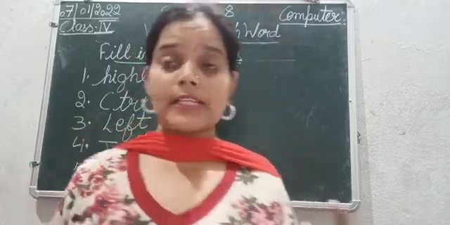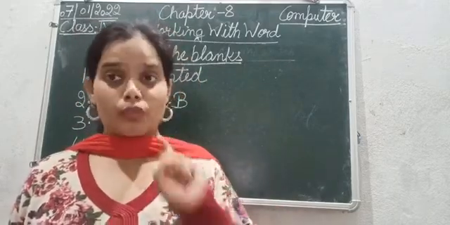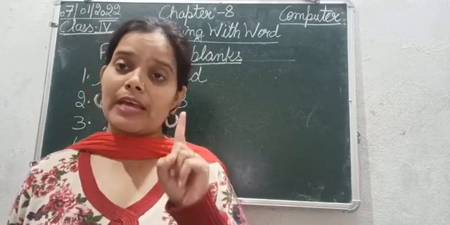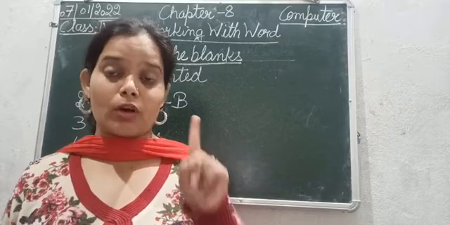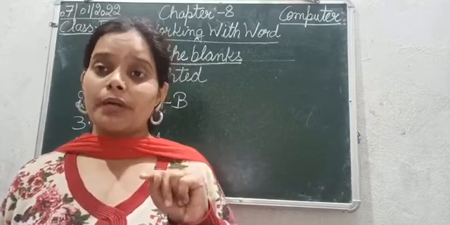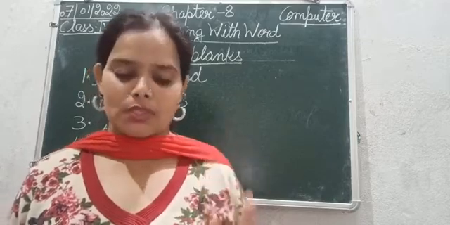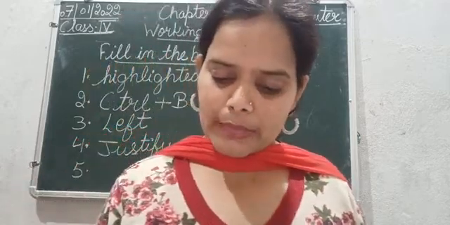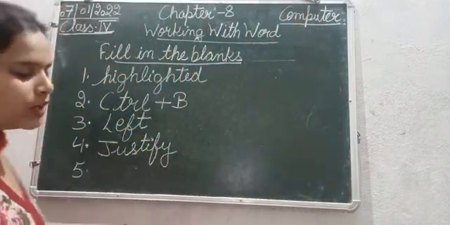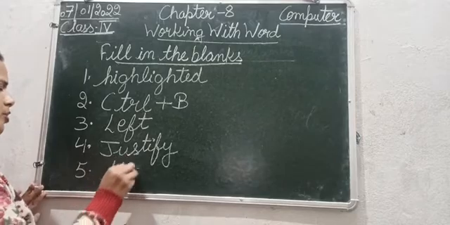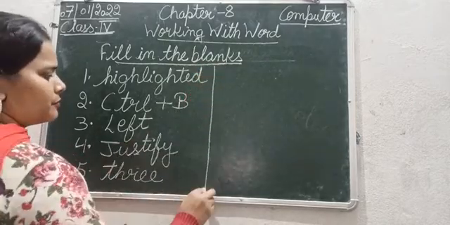When we want to select a single word, we click only 1 time on that word. Or we make a double click on that word, 2 times. And if we want to select the complete paragraph, you have to click for 3 times. So the answer is 3 times over the paragraph. THREE, that is 3 times over the paragraph.